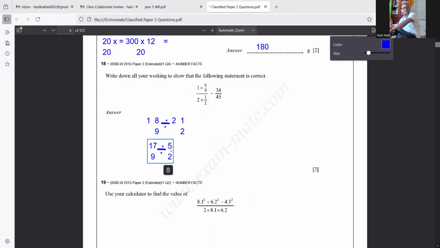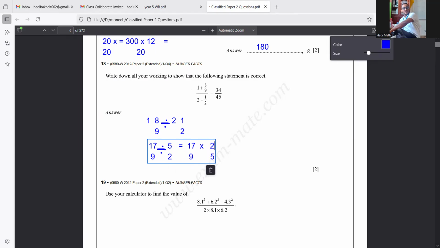We know when we have division of fractions, we keep the first fraction as it is, 17 over 9. Nothing is going to change with it. Then you're going to multiply, you flip the second fraction, or the reciprocal is going to be 2 over 5.